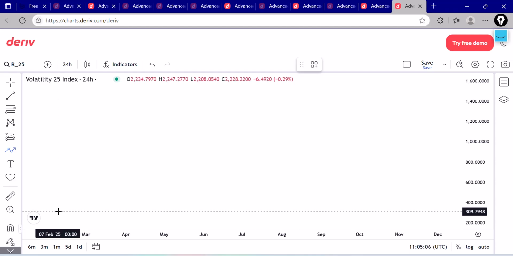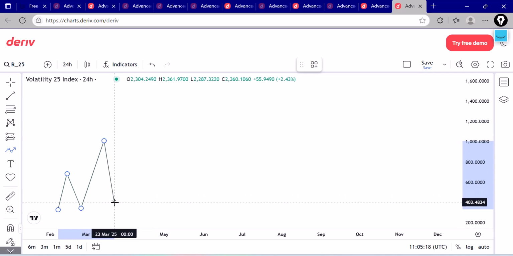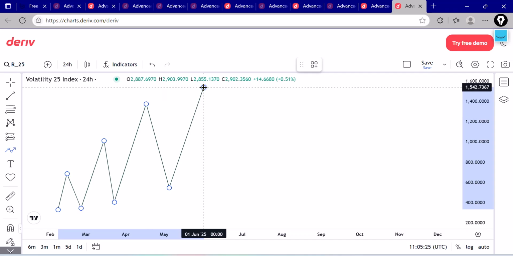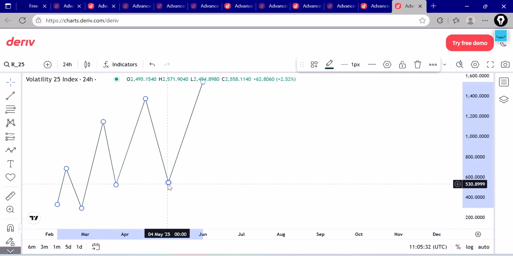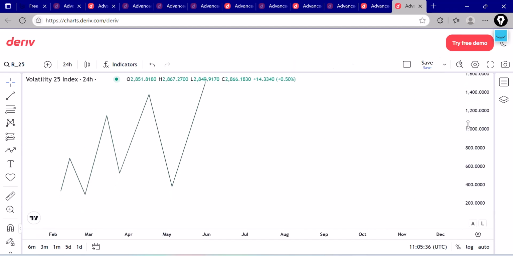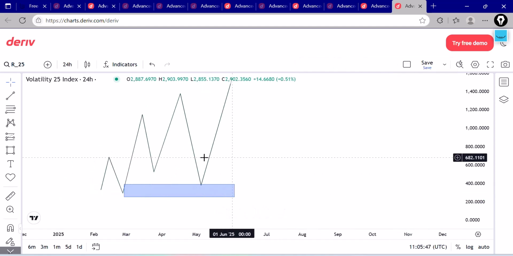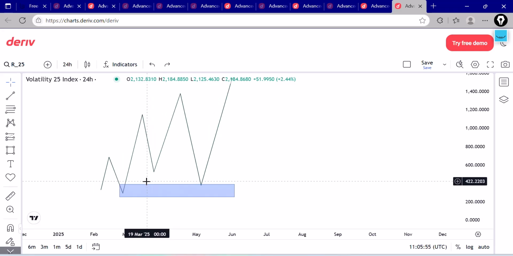For example, if I have price moving like this, all right, so see, price was coming, so what was happening here?